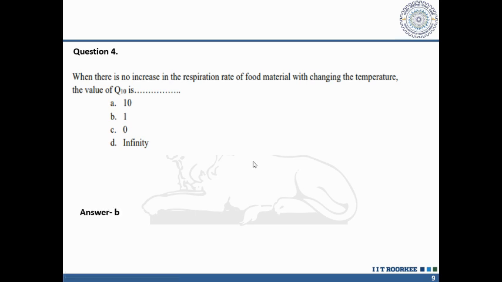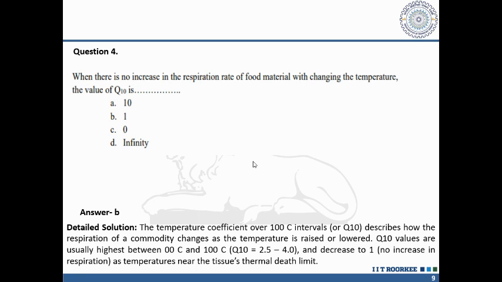So when there is no increase in the respiration rate of food material with changing temperature, the Q10 value will be 1. The temperature coefficient over 10 degrees centigrade intervals describes how the respiration of the commodity changes as the temperature is raised or lowered.